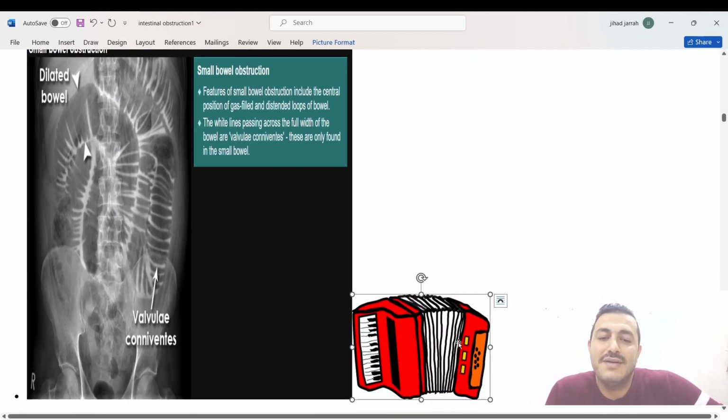Concertina is actually a musical instrument.